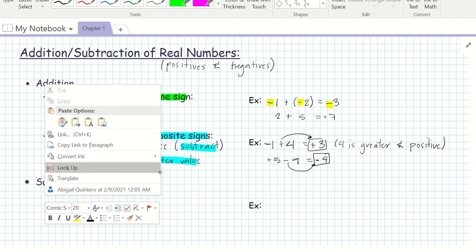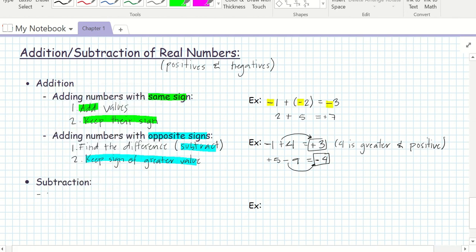So subtracting two values is the same as adding the opposite of the second value.